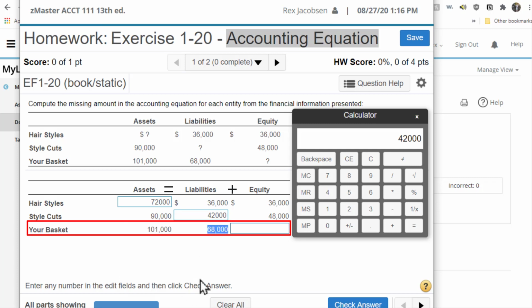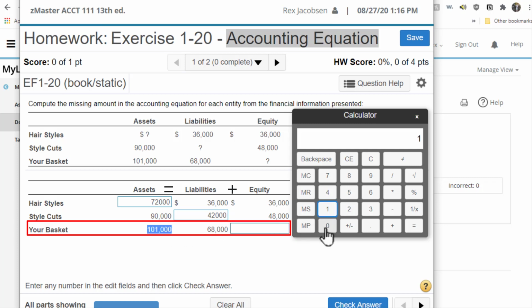And then for a company called Your Basket, they have $101,000 of assets. They have $68,000 of debt, in other words, liabilities, stuff they owe. So we have to calculate how much is the equity. To do that, we're going to take assets minus liabilities, which gives us the equity. In other words, 68,000 plus what equals 101,000.